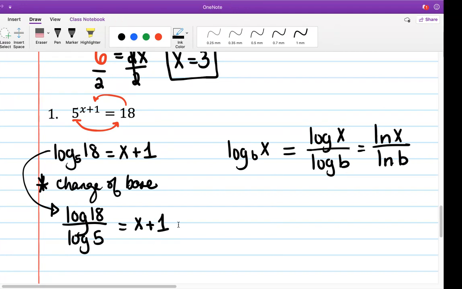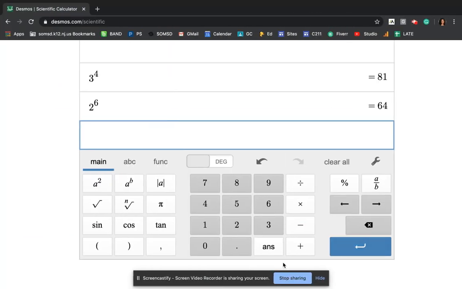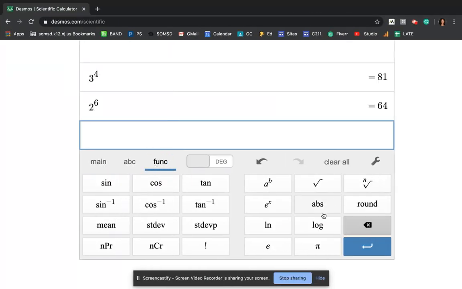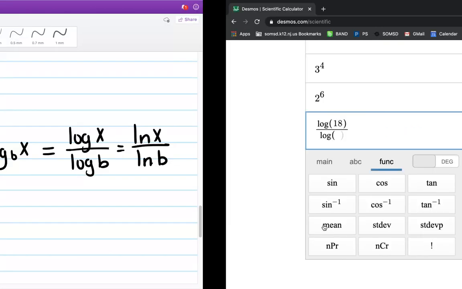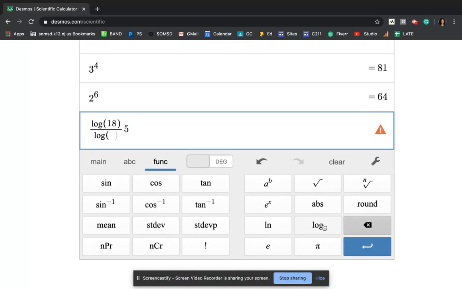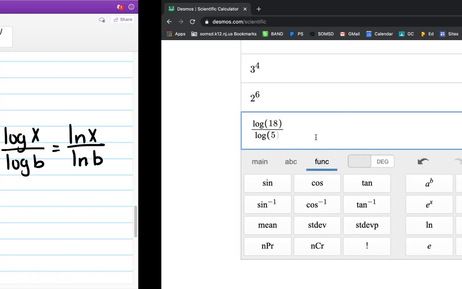And so I'm going to go to my calculator, and I'm going to do log of 18 divided by log of, what was it, 5? Yeah, log of 5, and I get 1.7959, let's say.